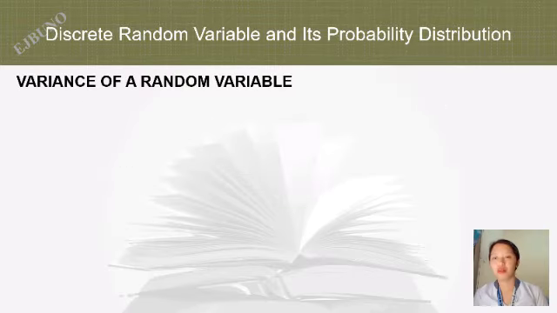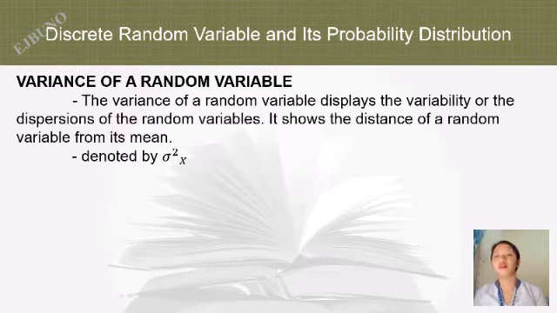Variance of a random variable. The variance of a random variable displays the variability or the dispersion of the random variables. It shows the distance of a random variable from its mean, denoted by the deviation squared value.